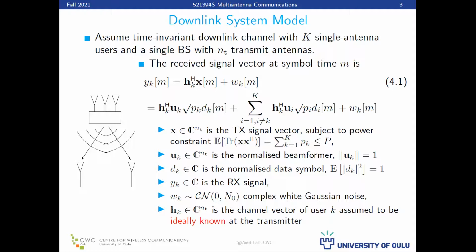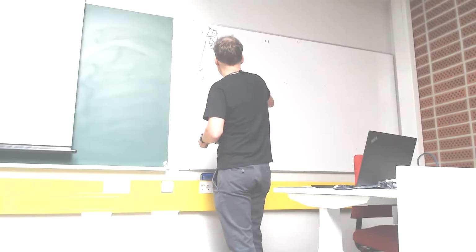This inner product between the two vectors gives us a scalar, the desired signal component, which now includes contributions to multiple users in parallel. And then we add Gaussian noise at the receiver. So now we can start going a bit deeper into this model, the downlink model, single antenna.